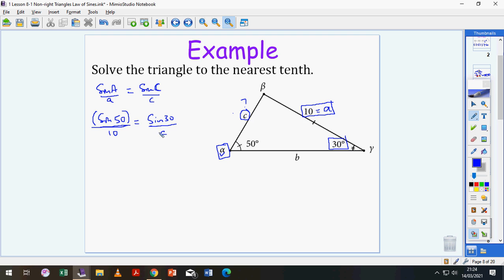Now I know C is in the denominator here, so if I want to get it in the numerator, I'm going to do this in one step. I would have to go over there in the cross multiplication.